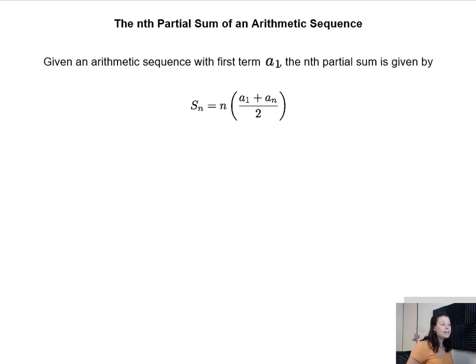Now, the nth partial sum of an arithmetic sequence. So, given an arithmetic sequence with first term A1, the nth partial sum is given by, so it's kind of like you're taking the average of the first term and the last term, so divide by 2, right? It's the average, and you're multiplying by how many of them you had, right?